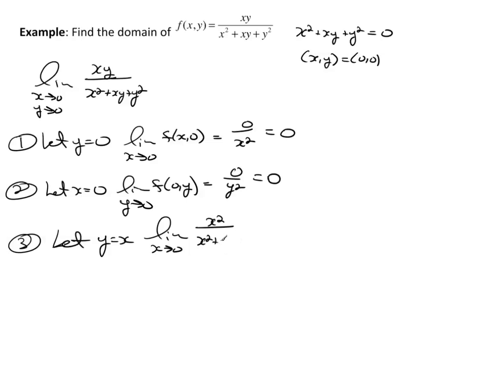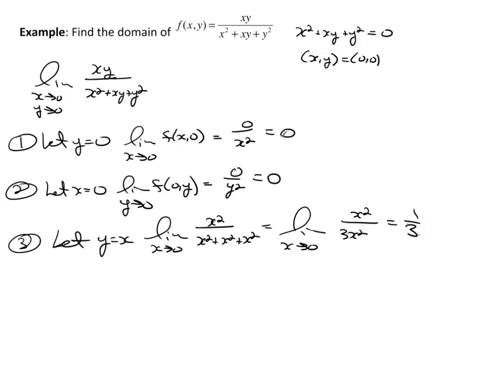So this is a limit as x goes to 0 of x squared over 3x squared, which equals a third.